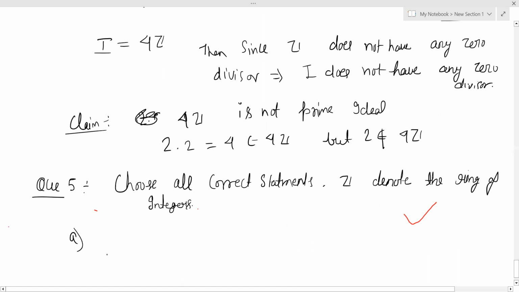Let n be a positive integer, n greater than 0, n belongs to Z. The quotient ring Z mod nZ is a field if and only if n is a prime number.